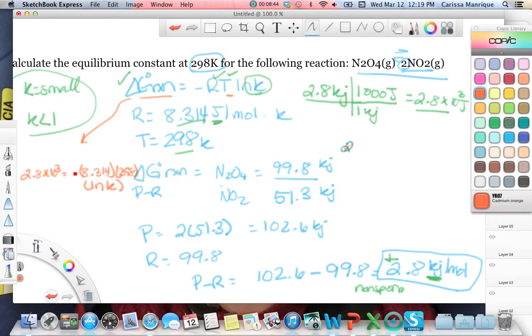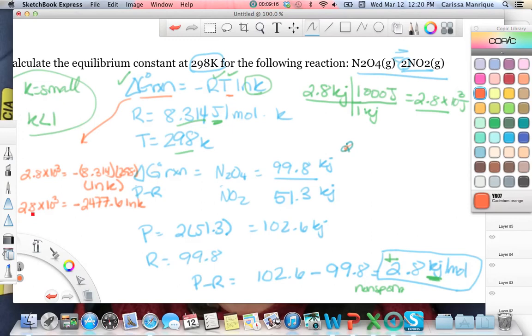Okay, so let's do this. Let's first do 8.314 times 298. So 2.8 times 10 to the third equals, 8.314 times 298, which gives me negative 2,477.6 natural log of K. Now let's bring this over and divide.